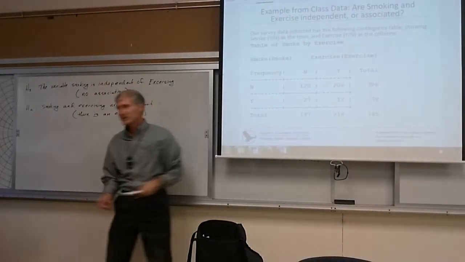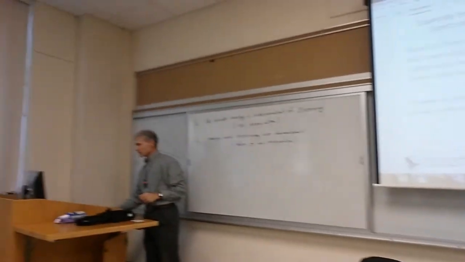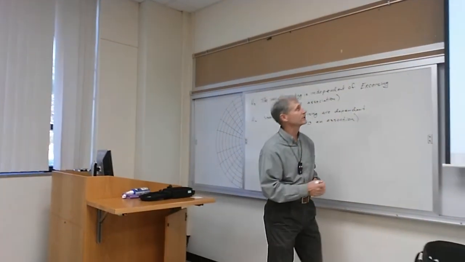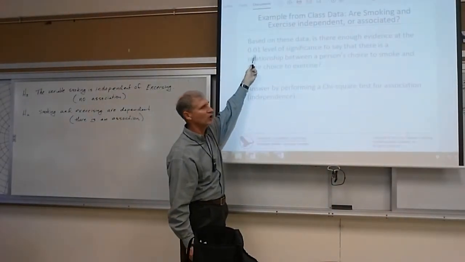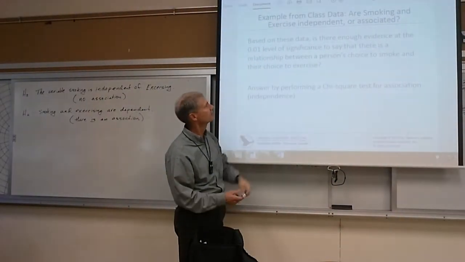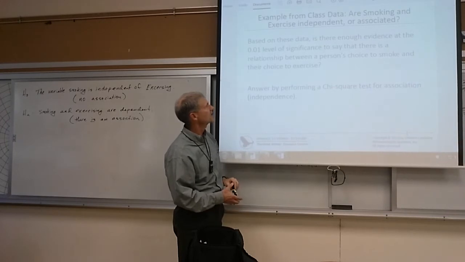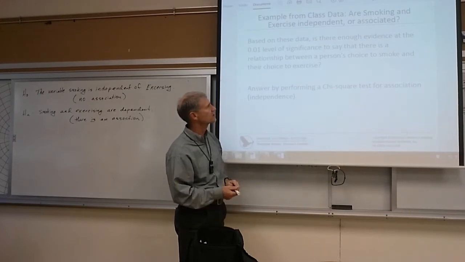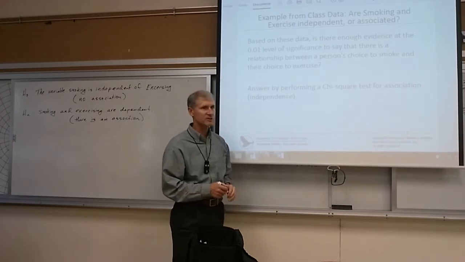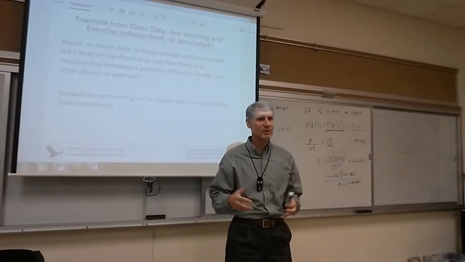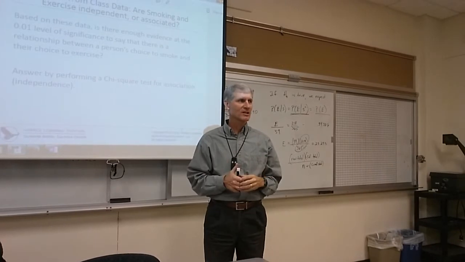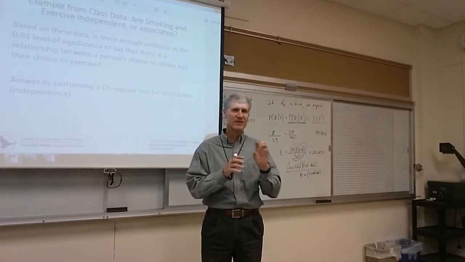Next slide shows what I want you to do. Based on this data, is there enough evidence at the 0.01 level of significance to say that there is a relationship between a person's choice to smoke and their choice to exercise? Now, I intentionally used the word relationship instead of association, just so you get used to the fact it means the same thing.